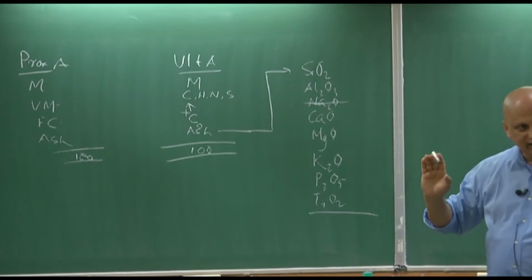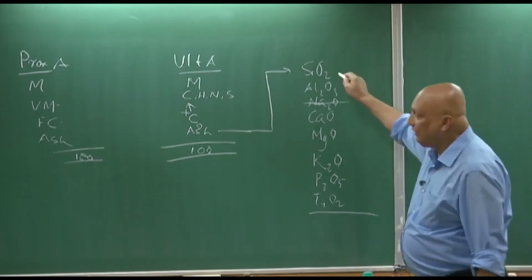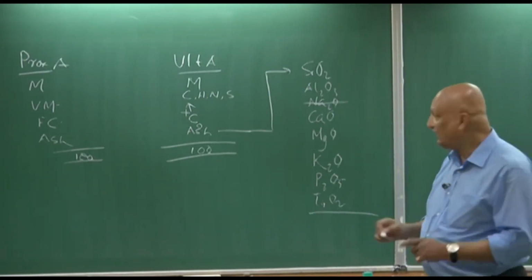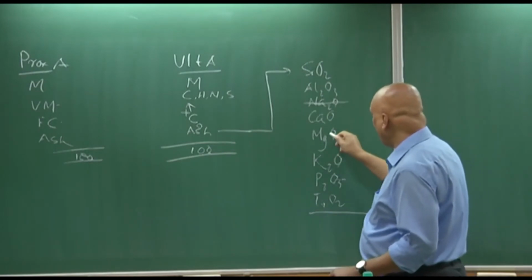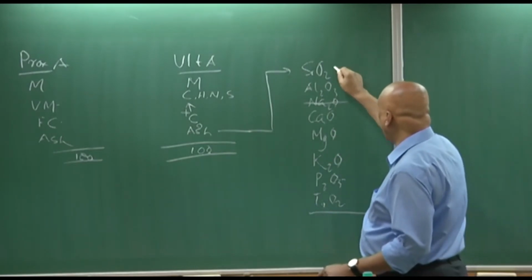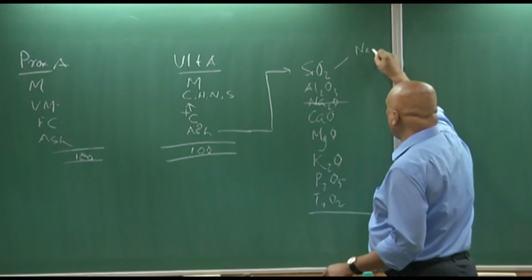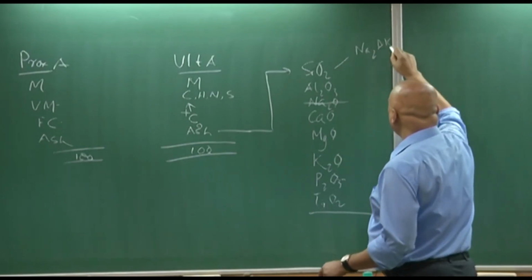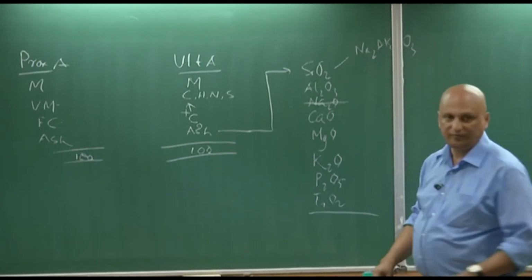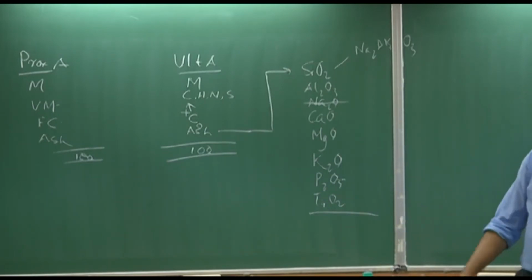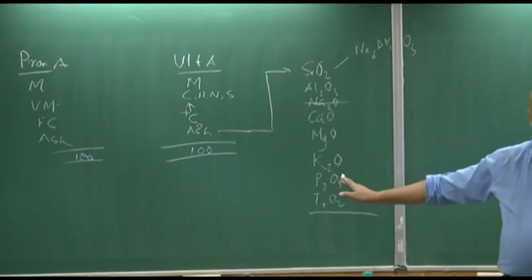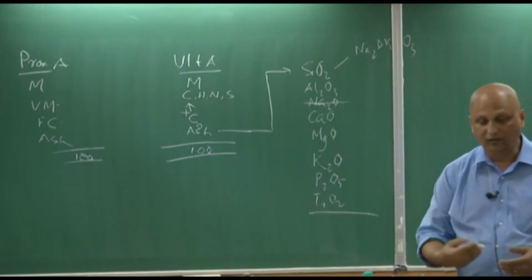Silicon is present as silica, but silicon is also present in conjunction with sodium as sodium aluminosilicate, etc. So this is just a convention, nothing else, for the benefit of calculation.